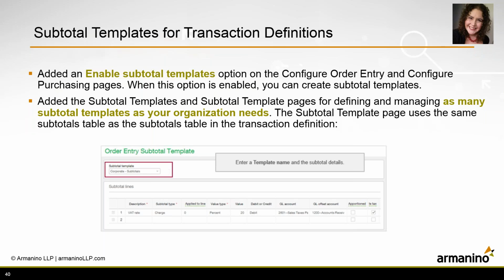That's the very nice thing. And you can also have different subtotals applicable to different transaction definitions. Since you're defining these rates in a table, you can link to them in different transaction definitions by only doing one setup. That's a really nice enhancement for any of you operating in that kind of an environment.